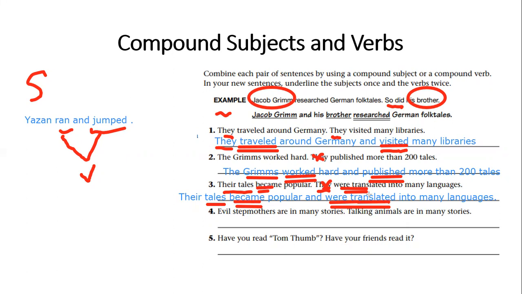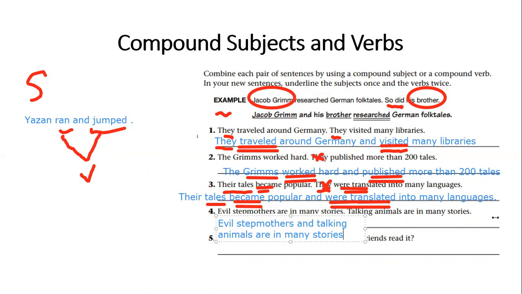We're going to have a compound subject here. So let's make it now. We're going to write it here: evil stepmothers and talking animals are in many stories, right?